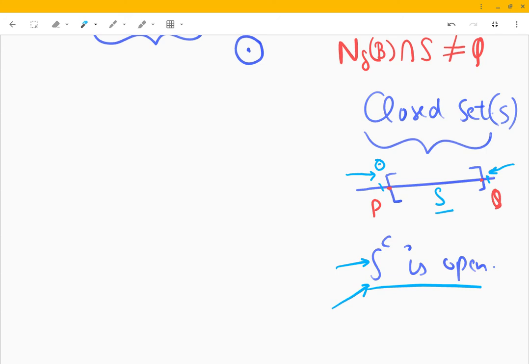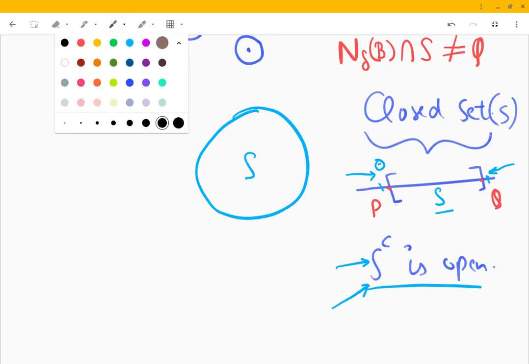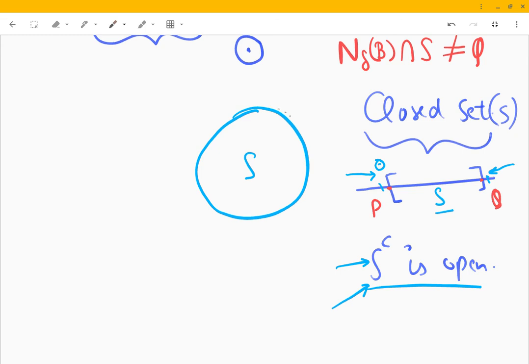Just visualize it. Similarly, in a closed disk, same thing. This is the set S. You take any point as close to this circumference as possible, any point as close to it as possible. Its entire neighborhood will lie outside the set.